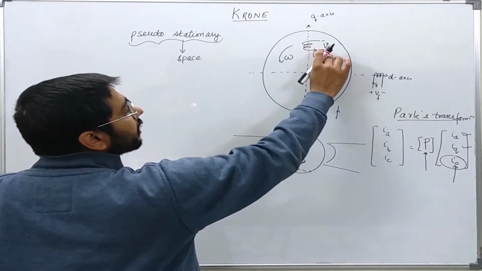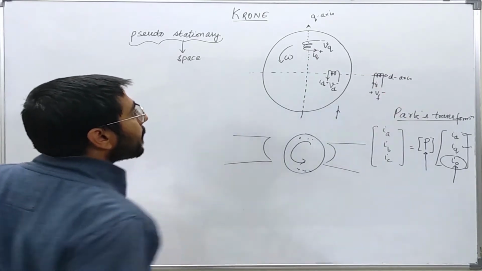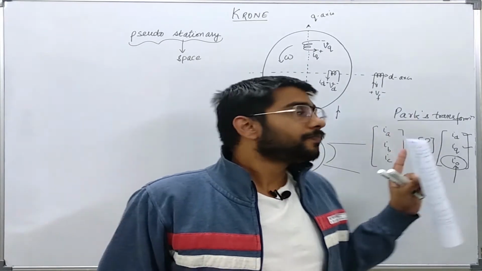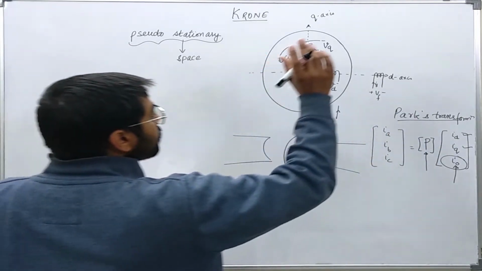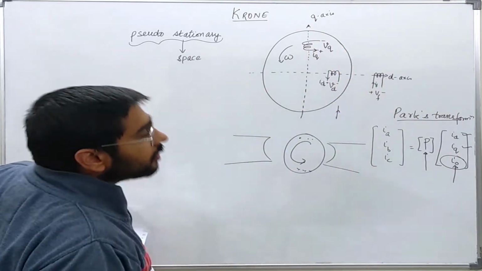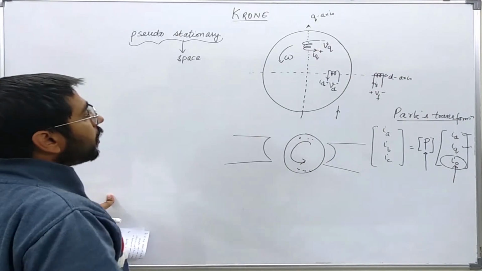Similarly for the other coils. That direction was taken as positive. But here we are taking the case of a generator, so I have just reversed the sign convention.